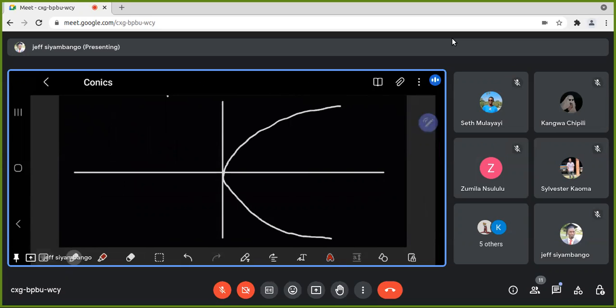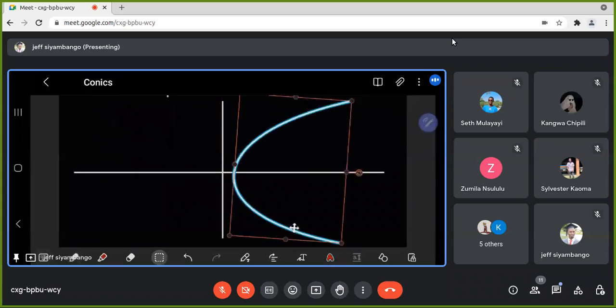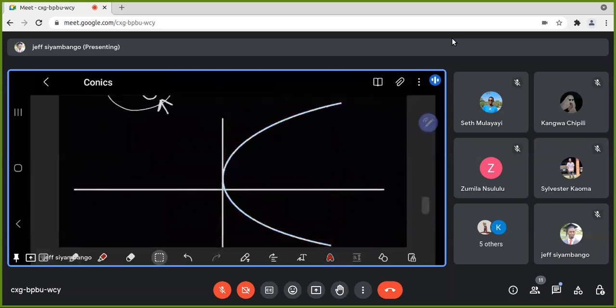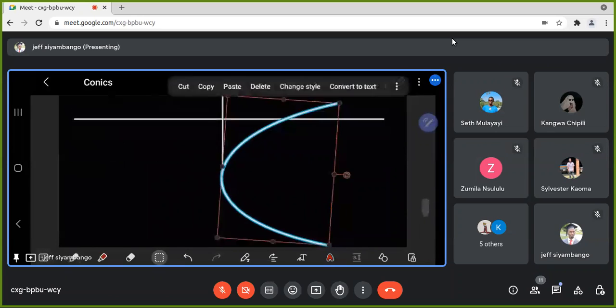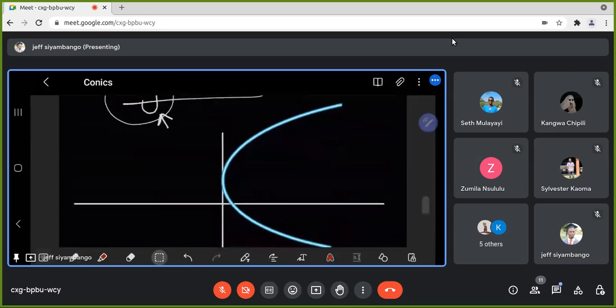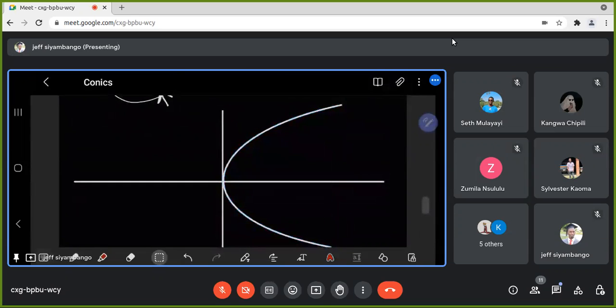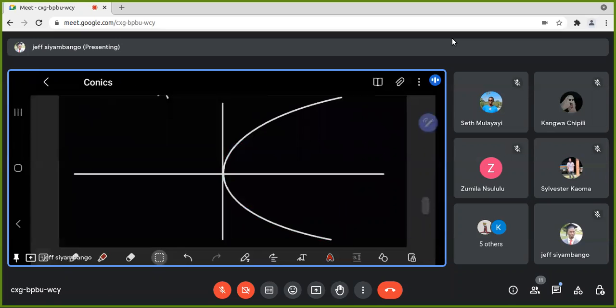You can provide it as part of your answer, or you can just do this on a rough paper so that it's helpful to you as you work it out. So let's do this. Yes, this will work. Let's take that to be our parabola.